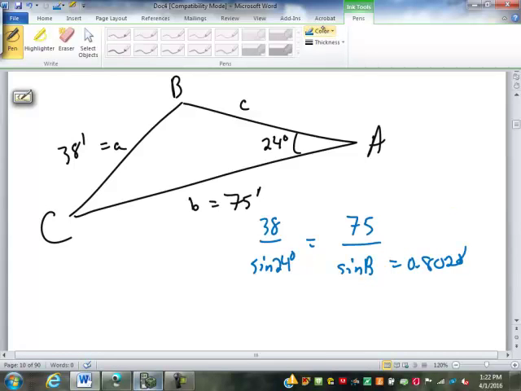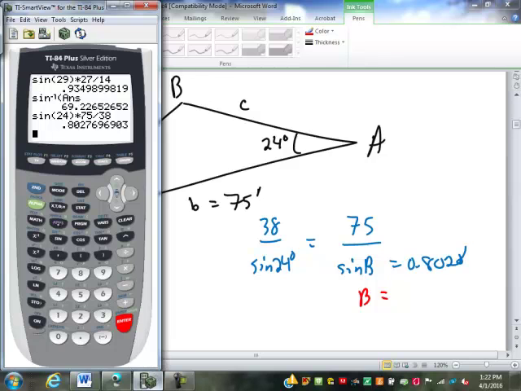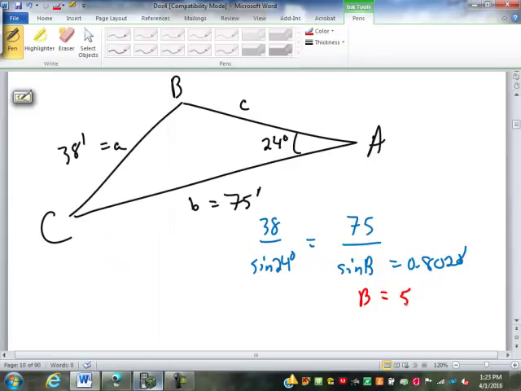And I'm not going to write out the inverse sine. We're just going to go ahead and do the inverse sine. Second sine, second answer. 53.40. But of course, we got to subtract that from 180. It's 126.60. Is that what you got? So that means this one over here is 29.40 degrees. Is that correct?